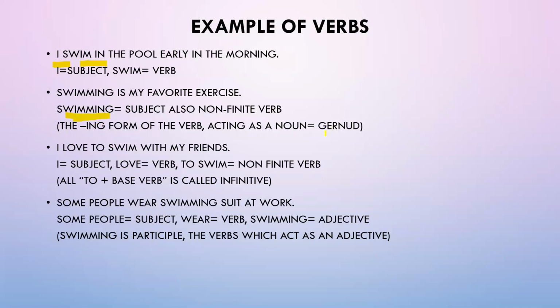So this is a gerund. Like in the last class also, I told you that a gerund is verb plus ing. Swimming is acting as a subject, that is, a noun. So this is a gerund.